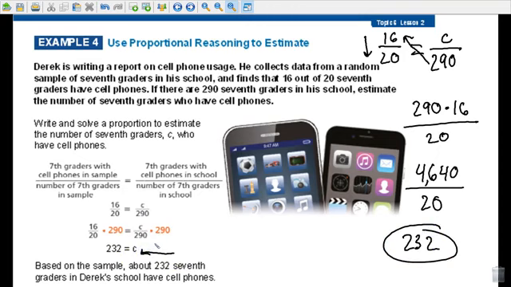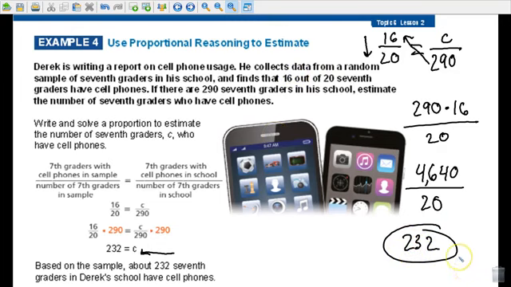That is correct. Now, class, I want you to think to yourselves, is this the exact number of 7th graders that have cell phones? No, it is not. This is just a guesstimate. Remember, we took a sample, and this can either be higher or lower than the actual amount.